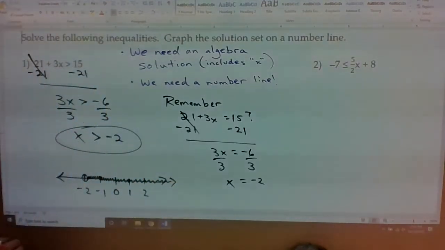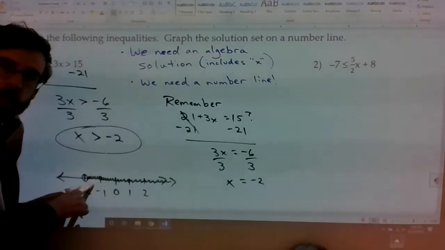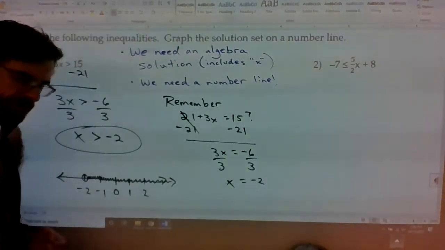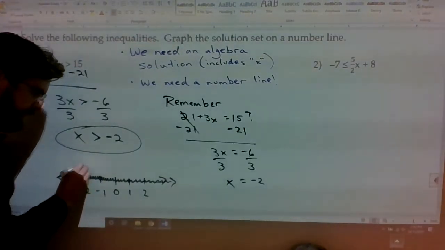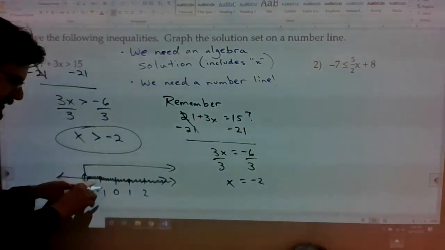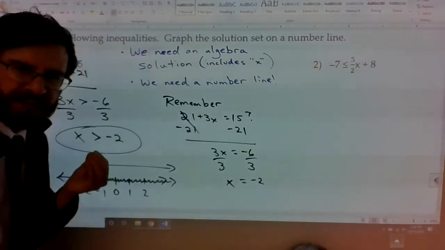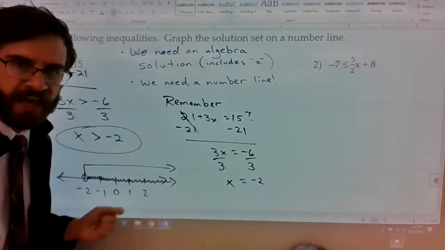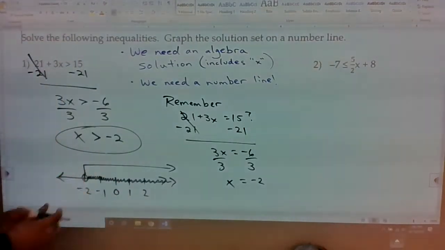By the way, this is only one way in which to express that solution. I've had some students who like to just do that, which is okay. I just like this squiggle on the number line because it tells me it's every single point that exists on that number line. That's it.